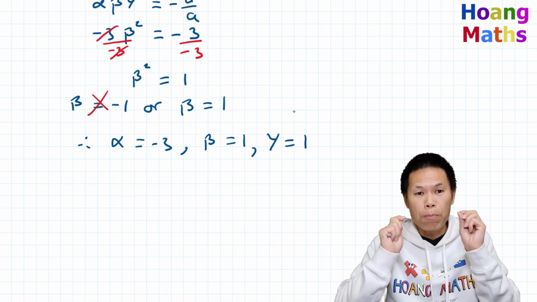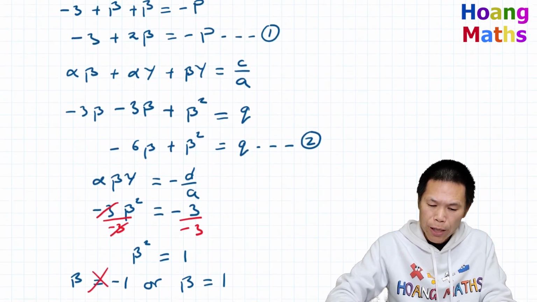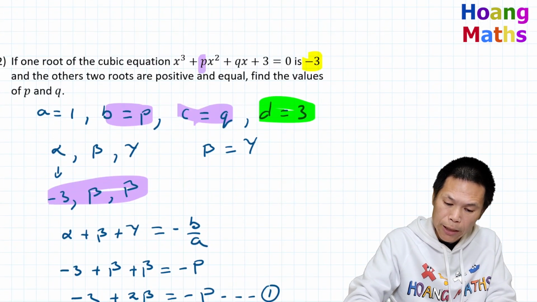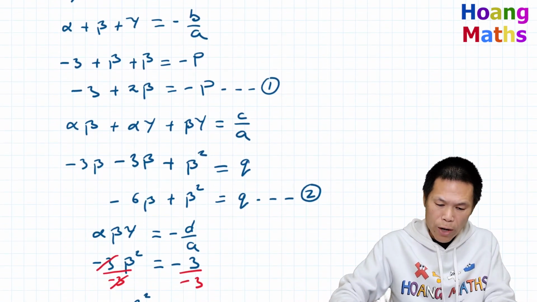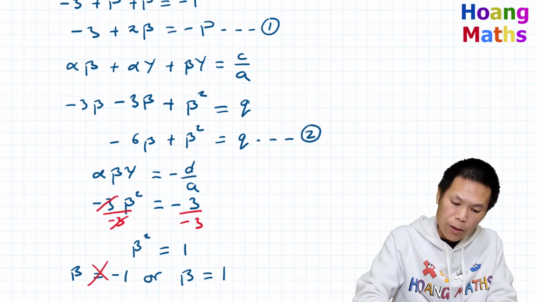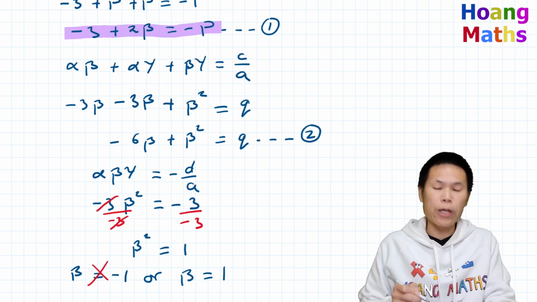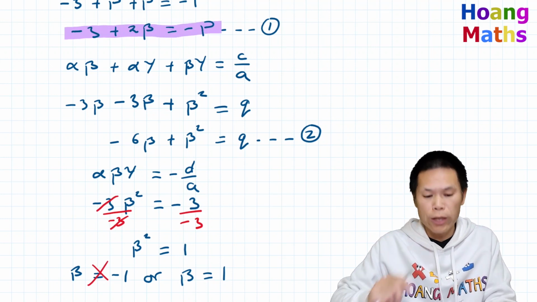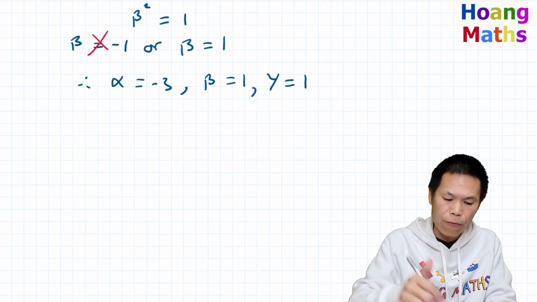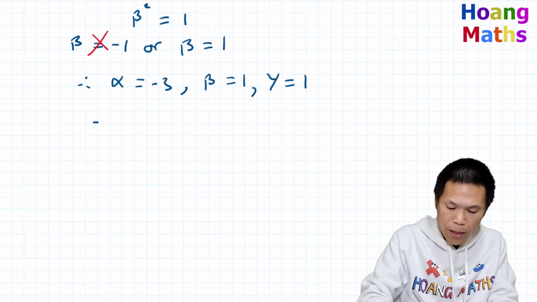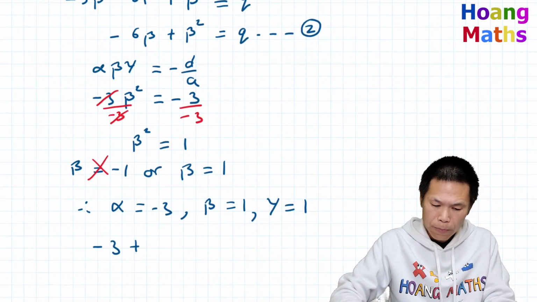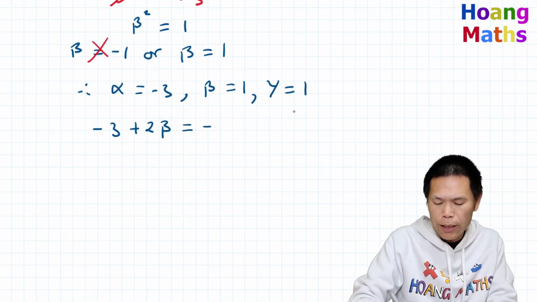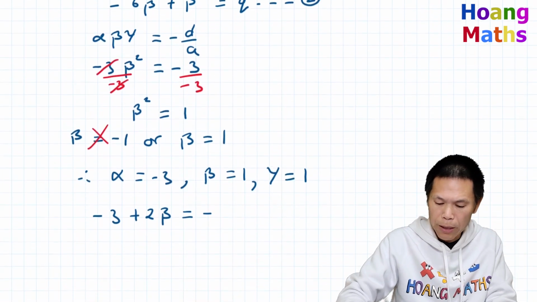But then what we need to find is the value of p and q. So we have equation number 1: negative 3 plus 2 beta is equal to negative p.